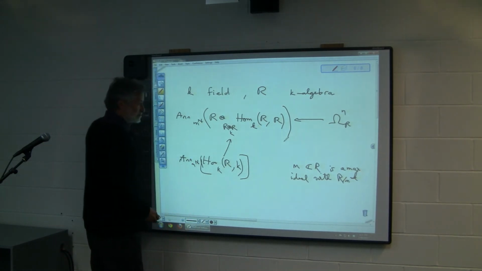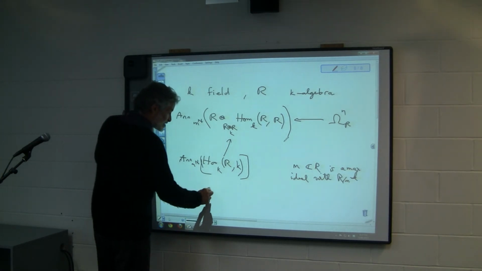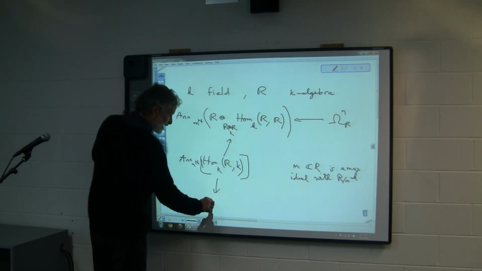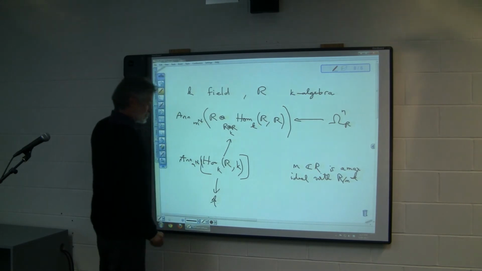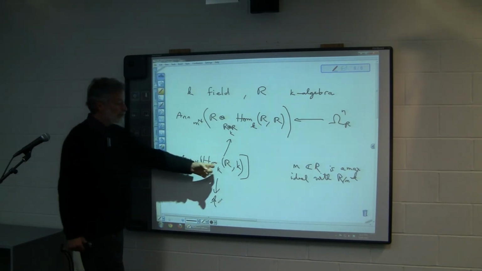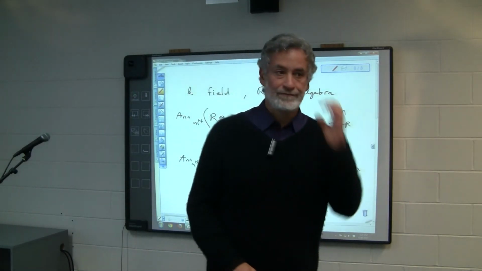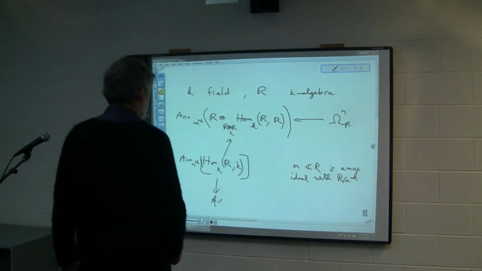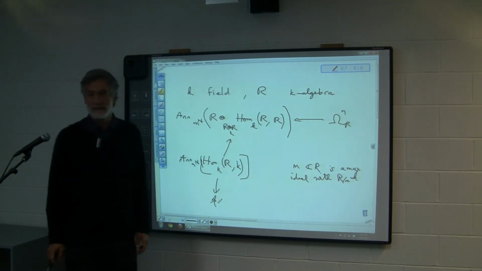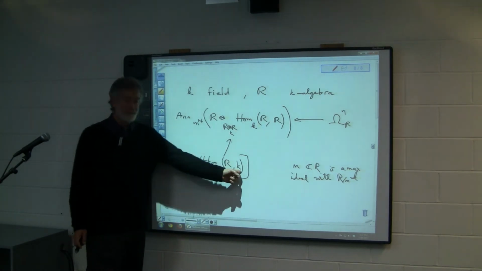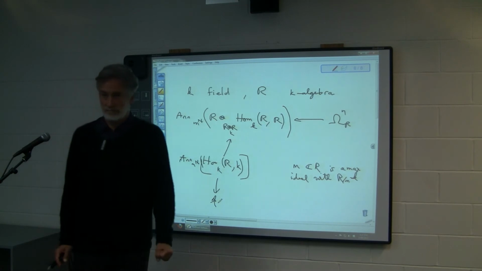Now, theorem next, you have a map from here to K. If I give you a homomorphism from R to K, you can evaluate it at 1. So there's a homomorphism, evaluation at 1.